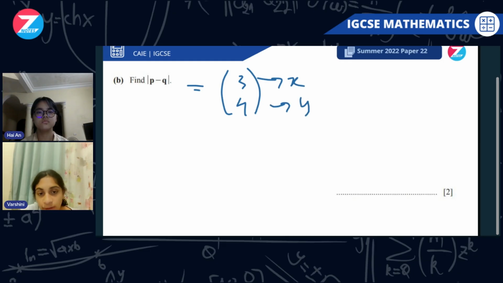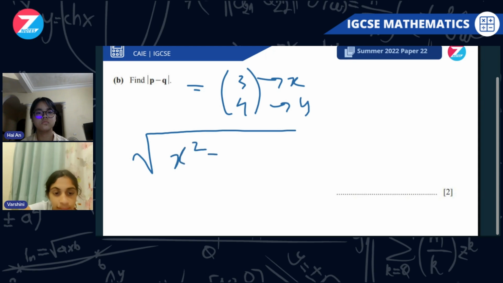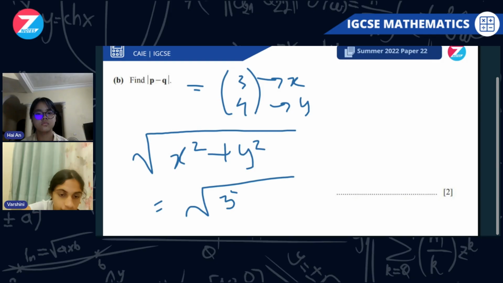We also know that for any vector, the formula to find the magnitude is nothing but the root of the x-coordinate squared plus the y-coordinate squared. So over here it is going to be the root of 3 squared plus 4 squared.